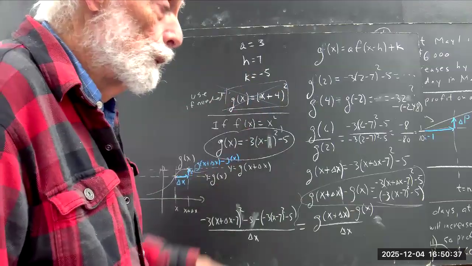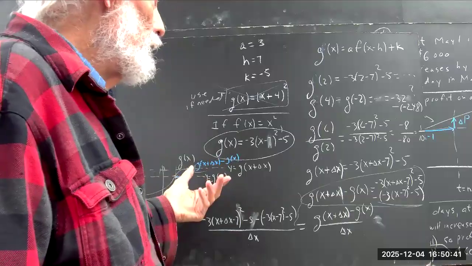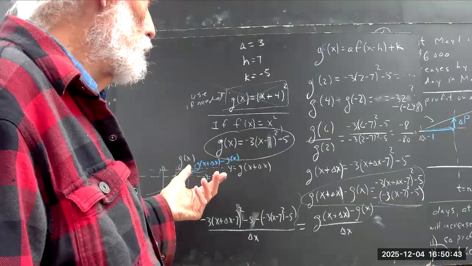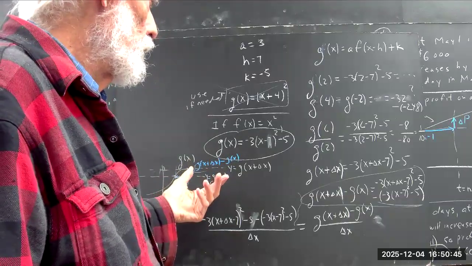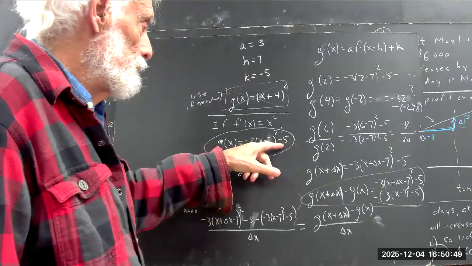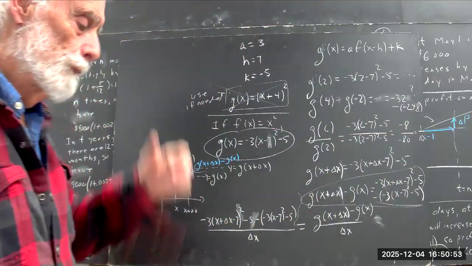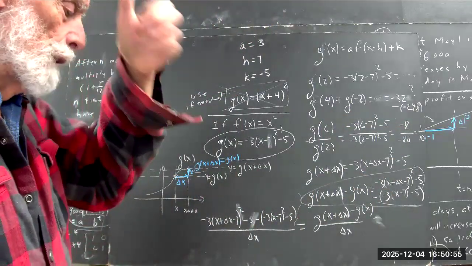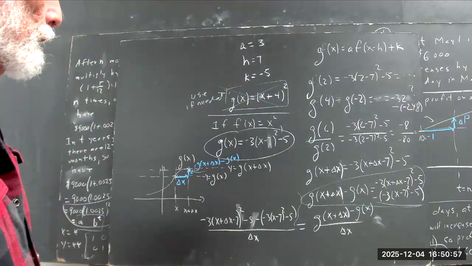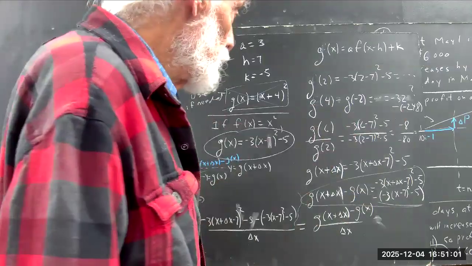You square that, you get 81. Multiply it by -3, you get -243, I'm sorry, not 343. Negative 243, and minus 5 gives you -248. Yeah, 343 is what you get when you cube 7. So it just kind of popped into my head, but I had it right the first time.